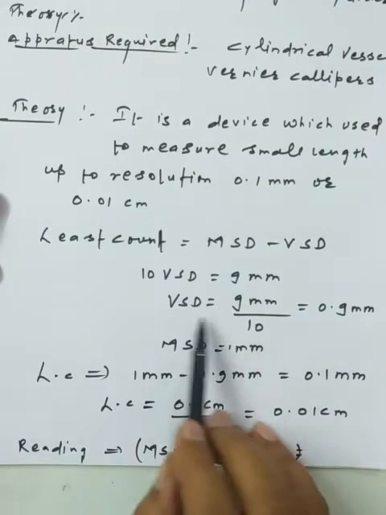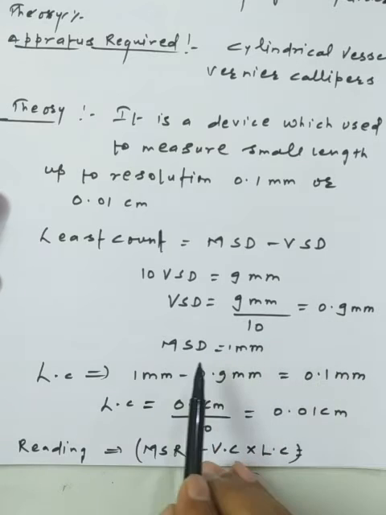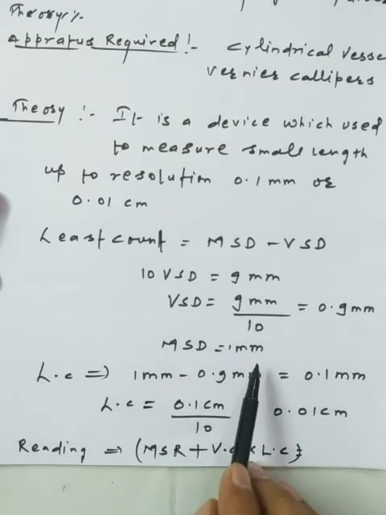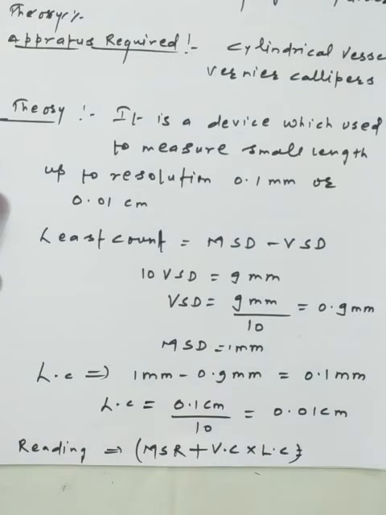The value of one VSD is 0.9 mm and the value of one MSD is 1 mm, so the least count is 1 mm minus 0.9 mm, that is 0.1 mm. For the reading, we take MSR plus vernier constant into least count, and it gives the final reading.